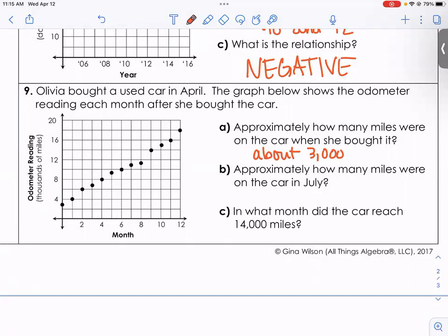Approximately how many miles were on the car in July? You know what, I made this mistake when I made my answer key. She bought it in April. So 1 month later is May, and another month later is June, and another month later is July. About 7,000.